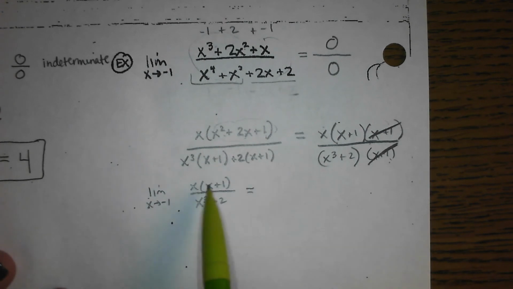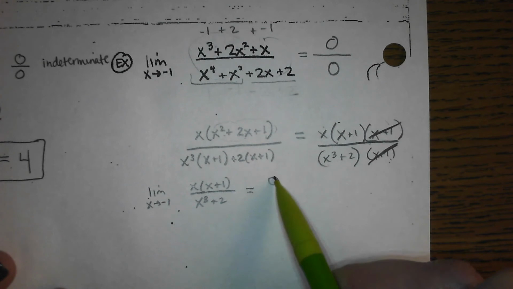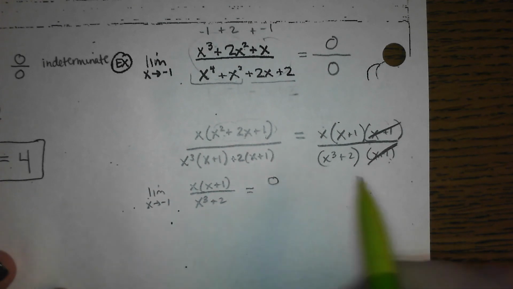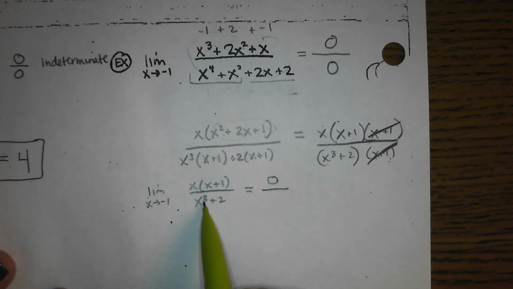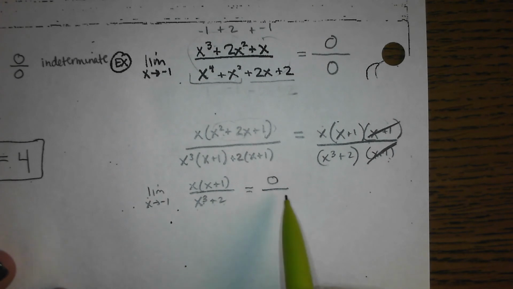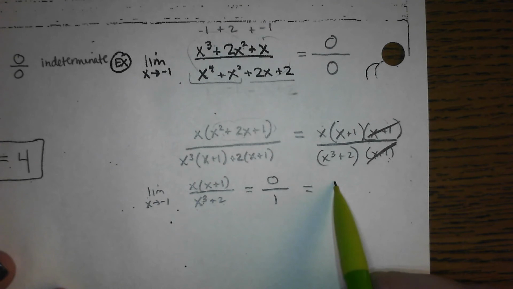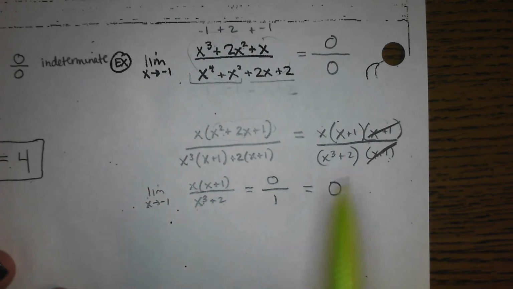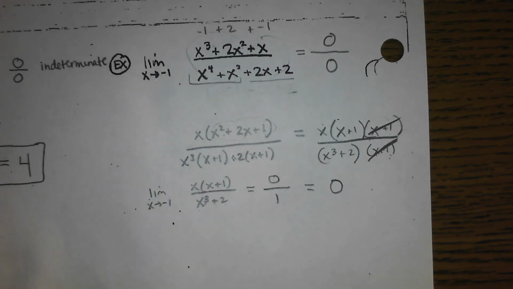When I plug in negative 1, what's my numerator? 0, right? Over negative 1 cubed is negative 1. Negative 1 plus 2 is 1. And what's 0 divided by 1? 0. So your limit as x approaches negative 1 is 0.